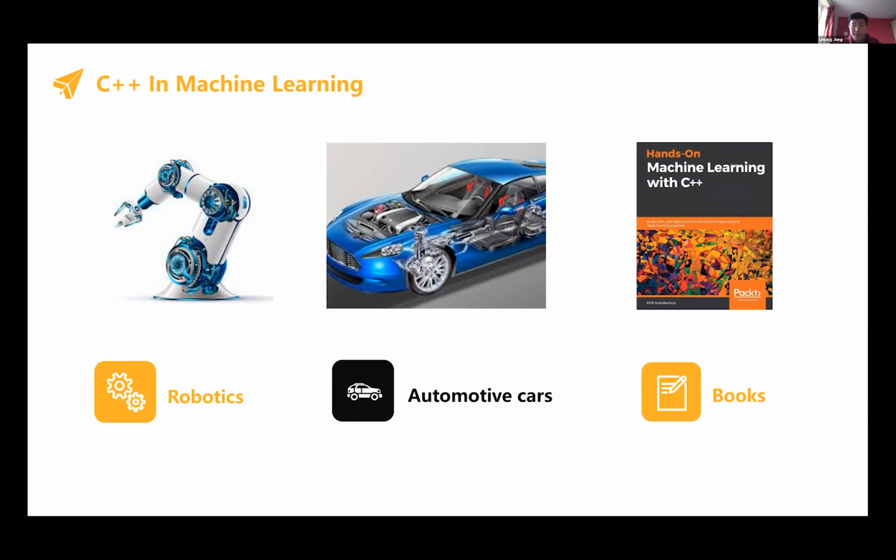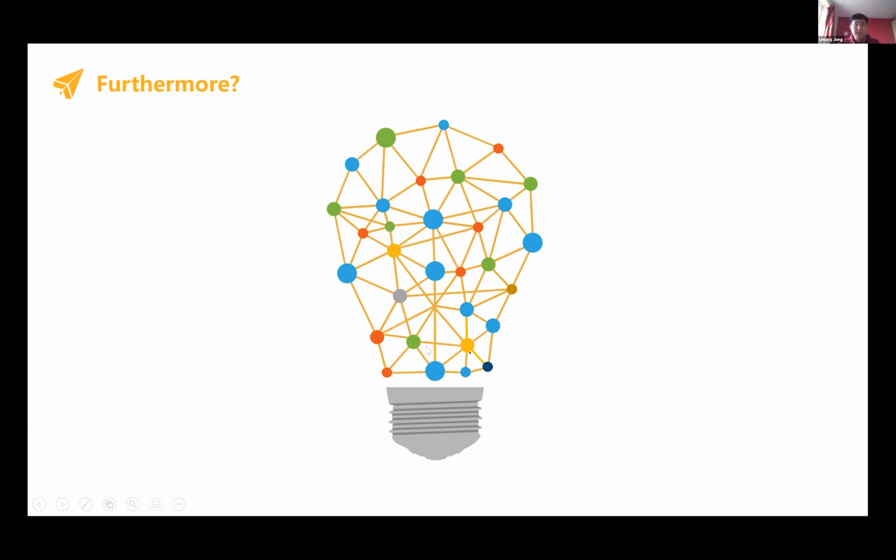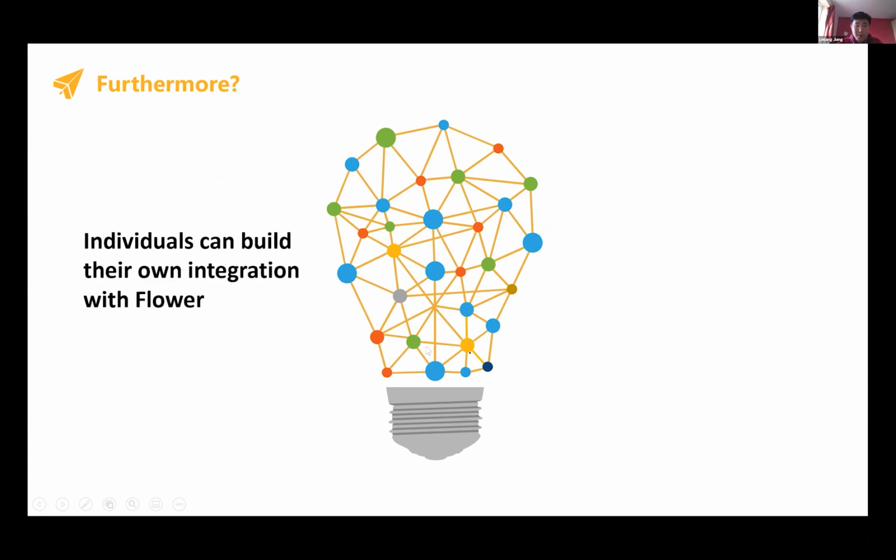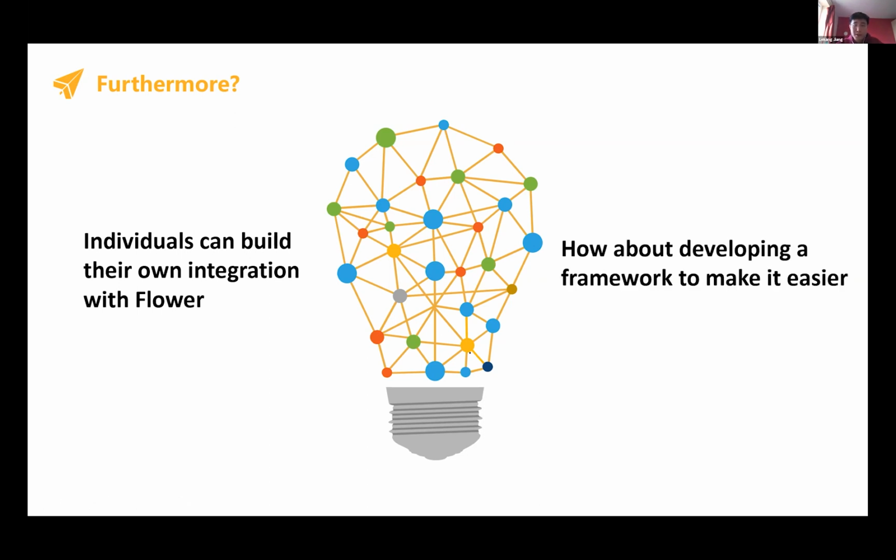There are also many books about machine learning in C++. So here's the question. Individuals can build their own integration with Flower using C++, but can we make this process simple? In other words, can we develop a framework to make this process easier?